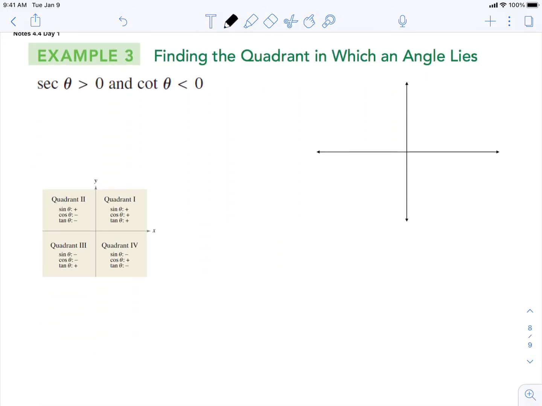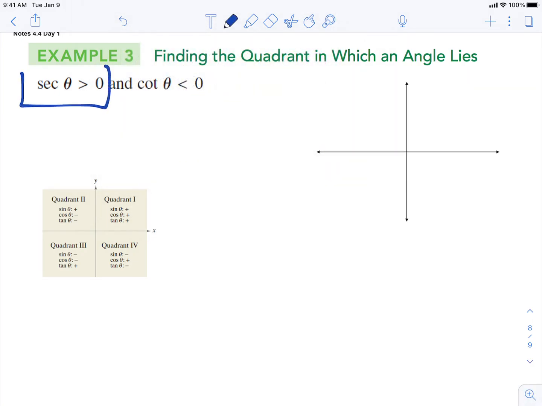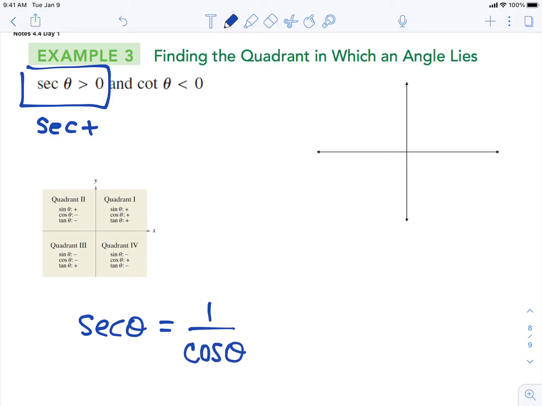Example 3, another: secant of theta is greater than 0. So the secant is positive. So secant of an angle is found by its reciprocal of the cosine. So that would mean then the cosine would have to be a positive number or a positive x.